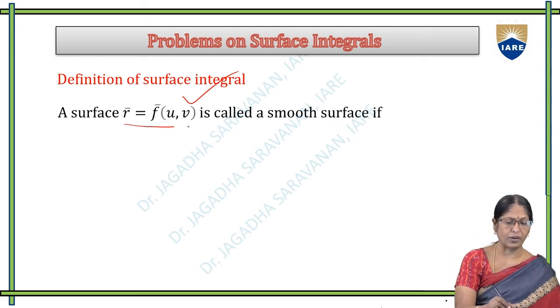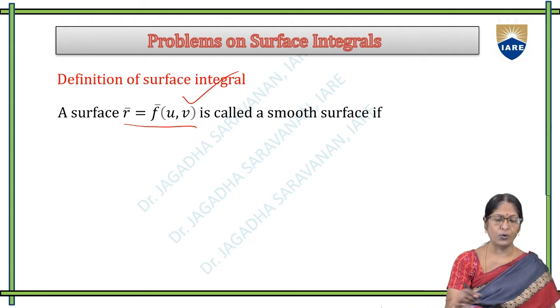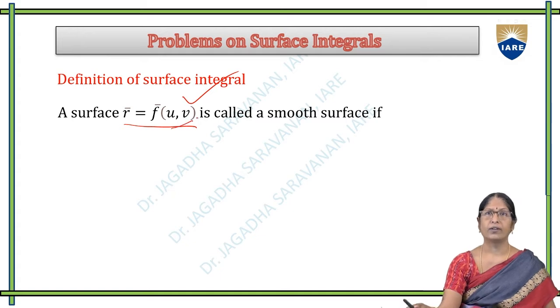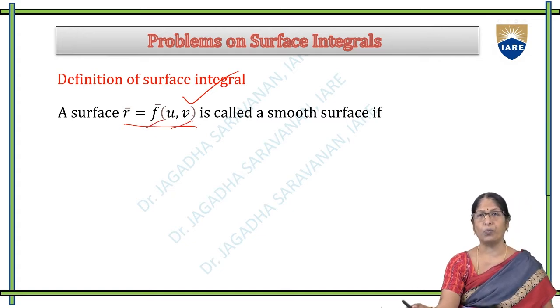That is, a surface r vector, which is equal to f bar of u comma v, where f bar is defined in terms of the variables u and v.